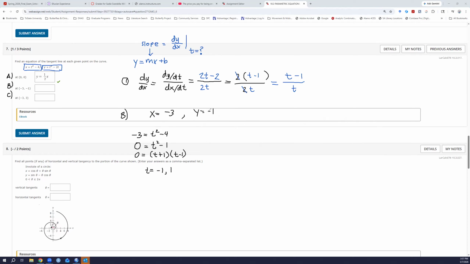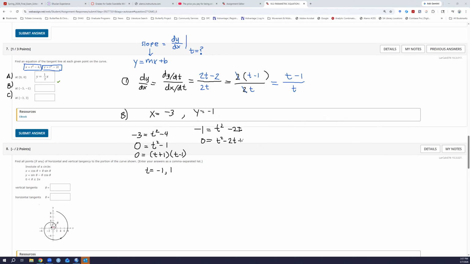If we go ahead and plug -1 into the parametric equation for y, we get t squared minus 2t. And then if I cancel out that -1 and add it over to the other side, we should get 0 is equal to t squared minus 2t.